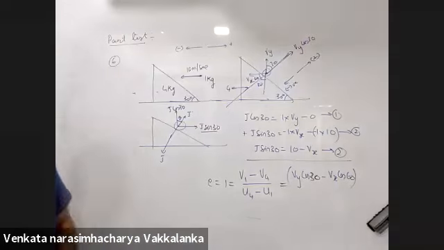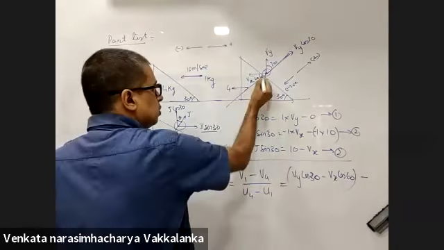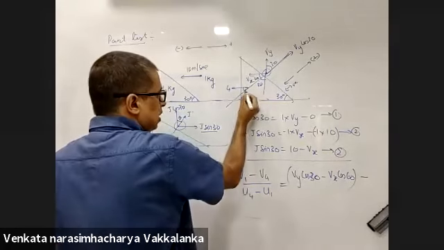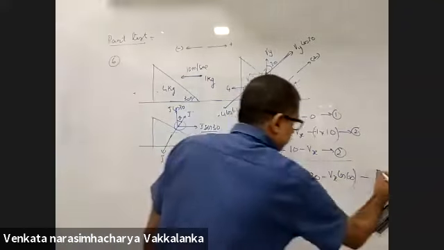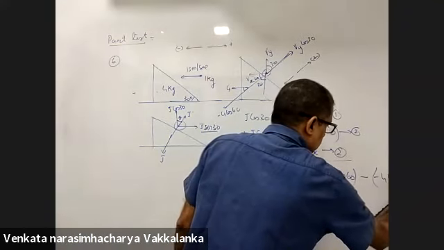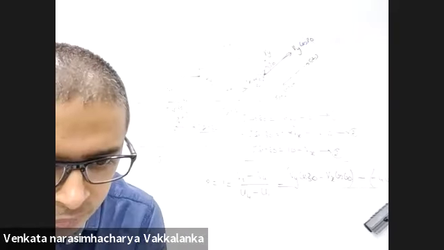This is V1 minus of 4. What is this angle? You are telling me 60. So this will be 4 cos 60 with a negative sign minus 4 cos 60. Are you able to see that part of the board?